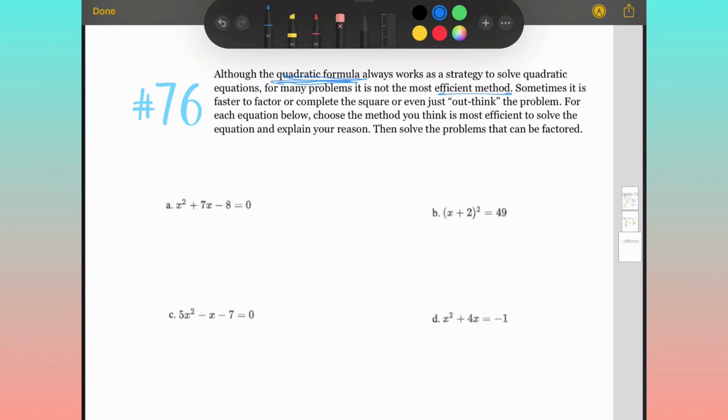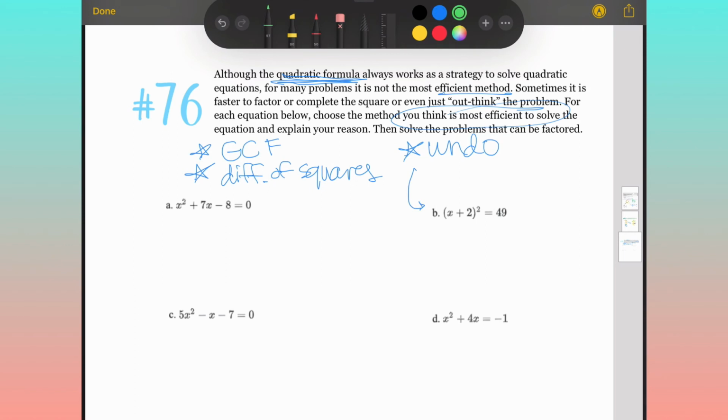So the other types that we can use for most efficient, seeing if there's a greatest common factor, and difference of squares, we could also try and undo the problem versus getting it into that full exponential form like this guy here.